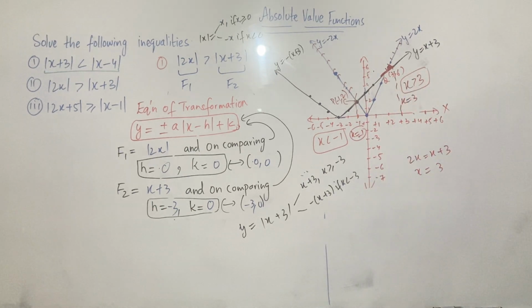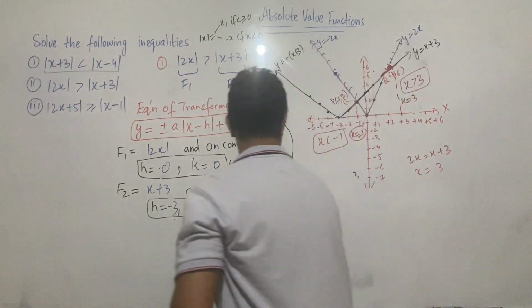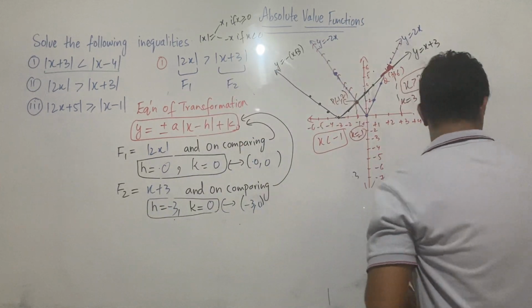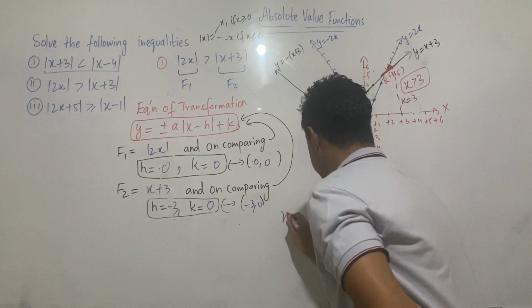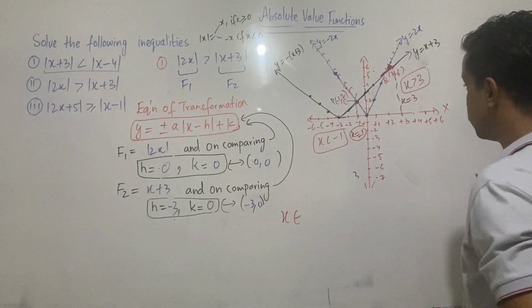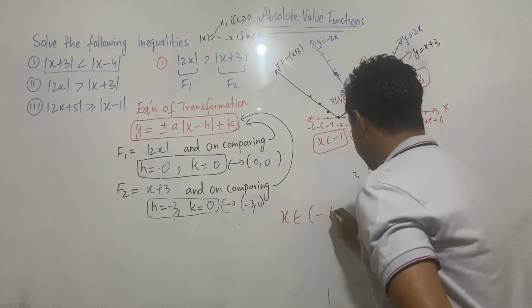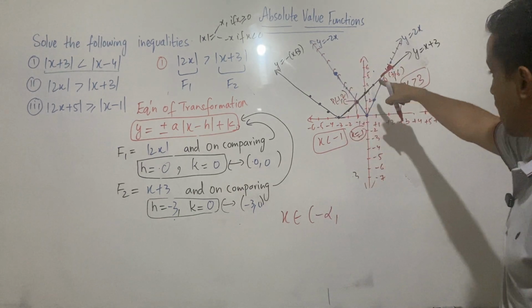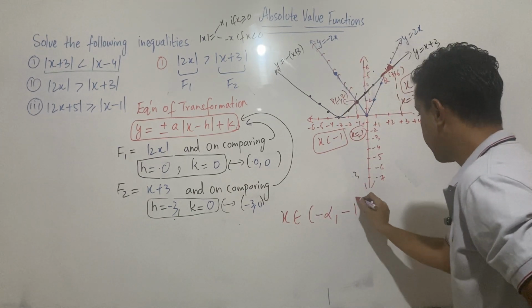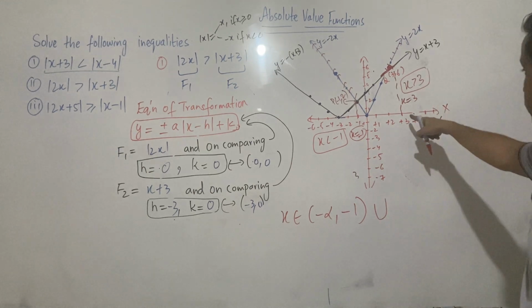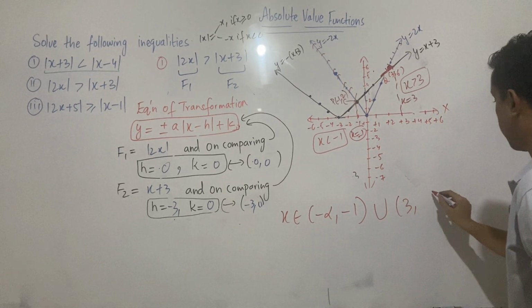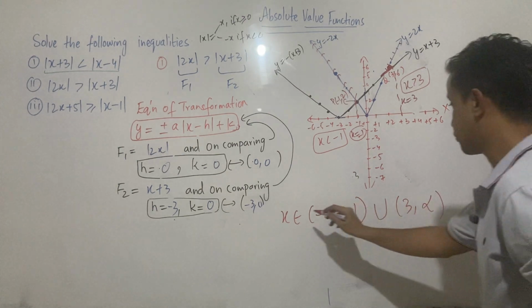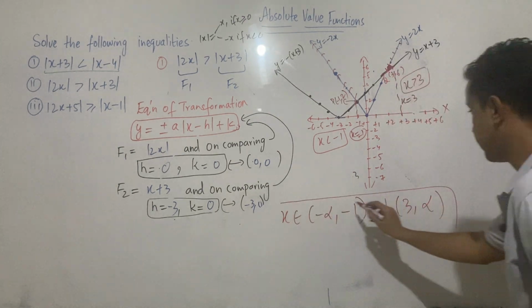So what does it mean? It means we can conclude that x must belong to minus infinity to minus 1 union 3 to infinity. So this is going to be your answer.